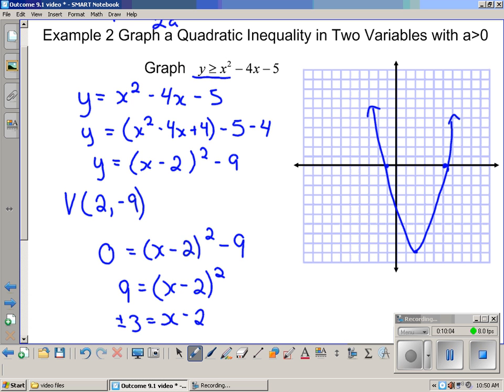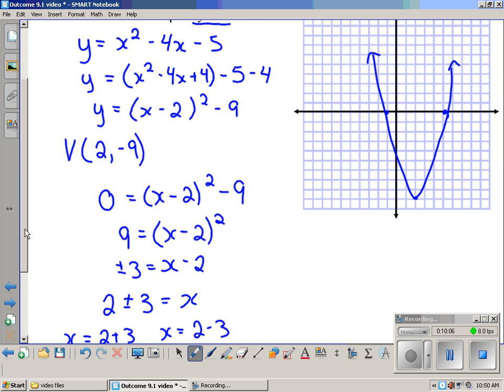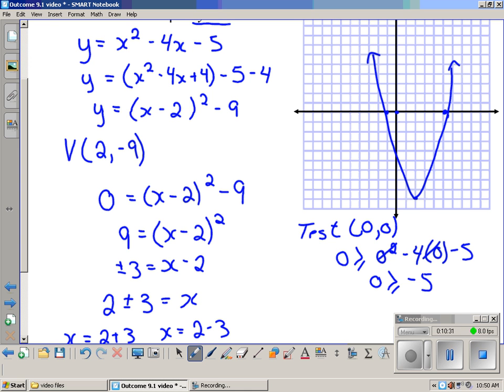So now we want to test a point. I know that the point 0, 0 is definitely inside my parabola, so let's try that one. So testing 0, 0 gives me 0 is less than or equal to 0 squared minus 4 times 0 minus 5.